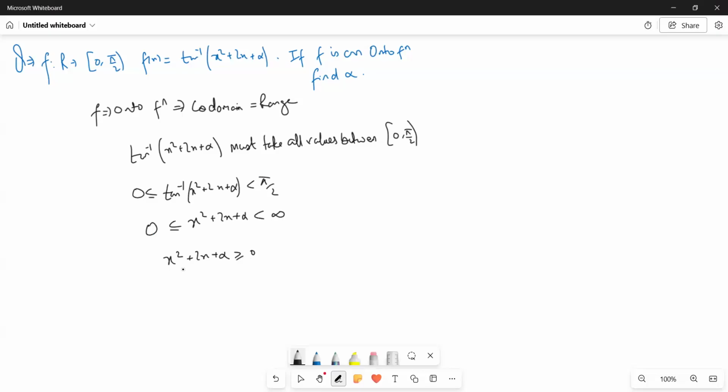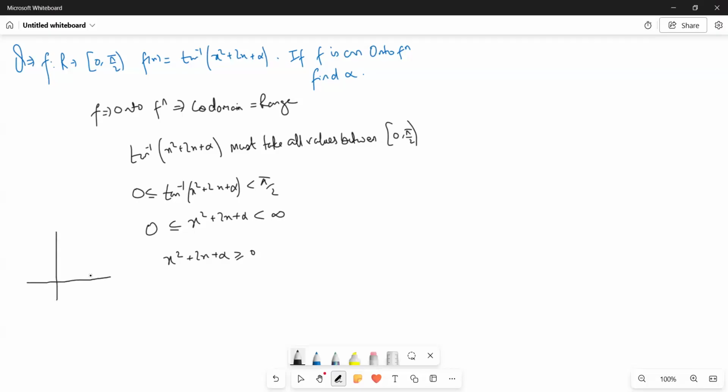What is the condition for x square plus 2x plus alpha to be greater than equal to 0? So if we want it to be greater than equal to 0, graph कैसा होना चाहिए?